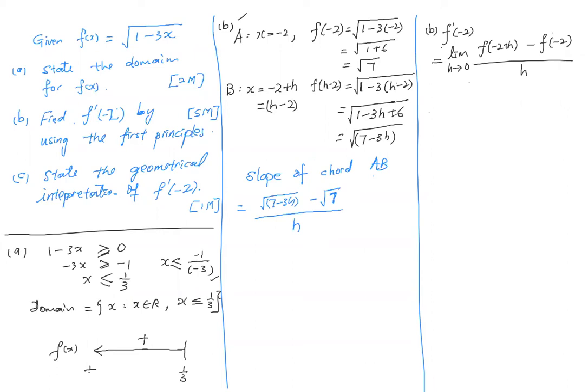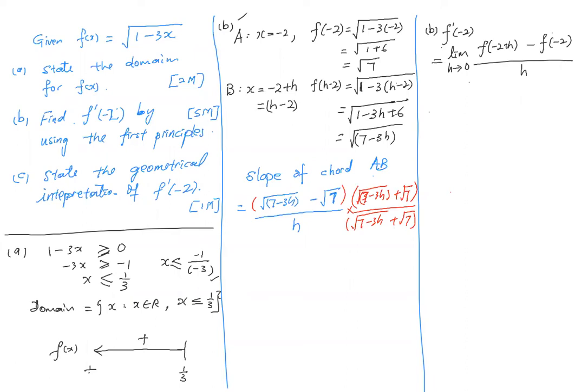Okay, the moment you see a square root, you want to get rid of the square root, you have to tell yourself, okay, please don't use red, you can use any other color. Multiply by square root of 7 minus 3h plus square root of 7. Then the bottom also the same. So the top, when you expand, you know the result.